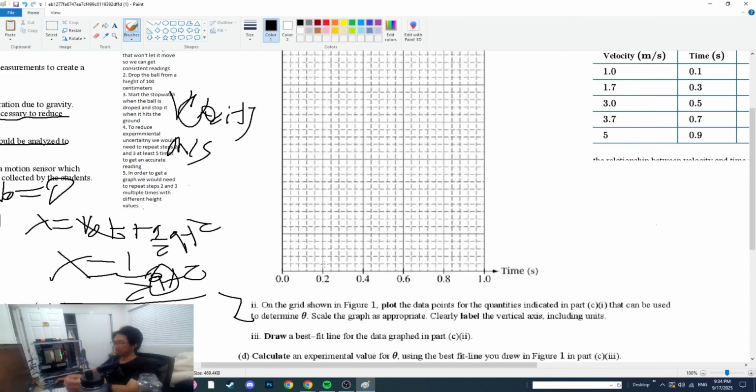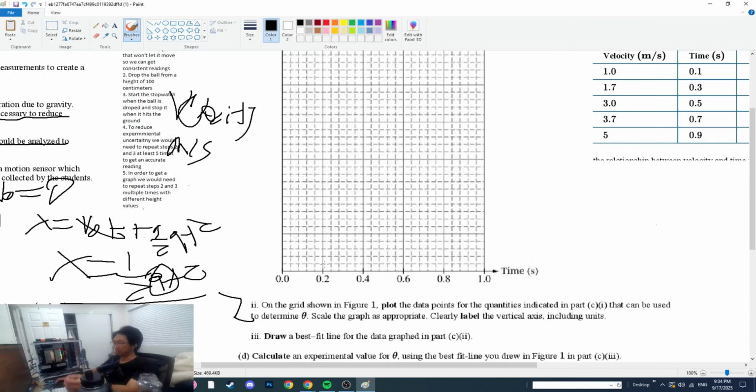And at 0.7 we'd have a velocity of 3.7, right there. And at 0.9 seconds, we'd have a velocity of 5, and that was right there. And that's part 2 of it.